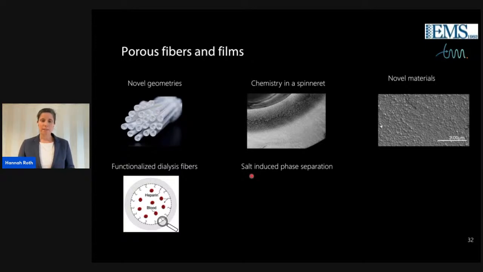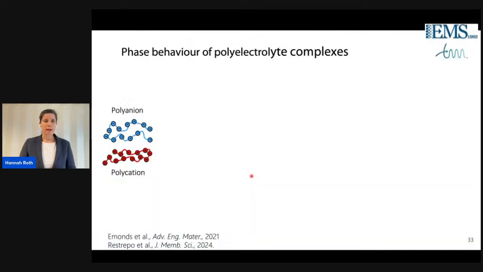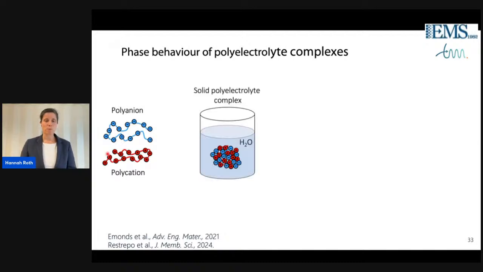And this makes it necessary to also change the polymer system, by using charged polyelectrolytes. These are charged polymers, and each of them is soluble in water. But when you bring them together in water, they form solid complexes: the charged groups cross-link with each other and form a solid complex.